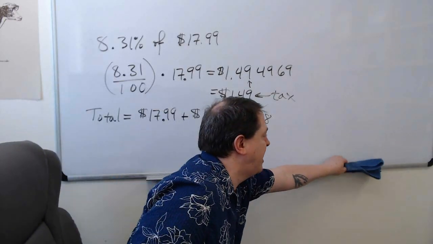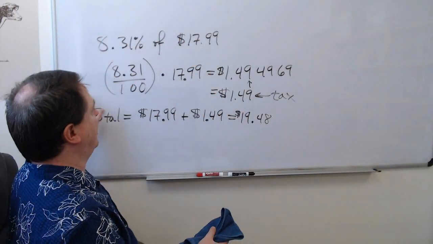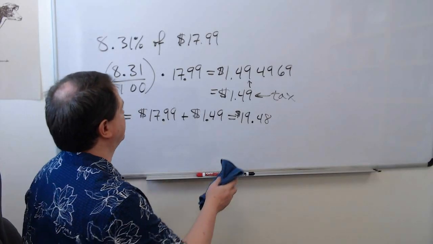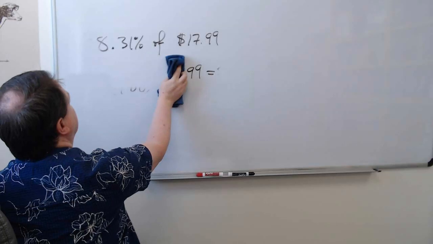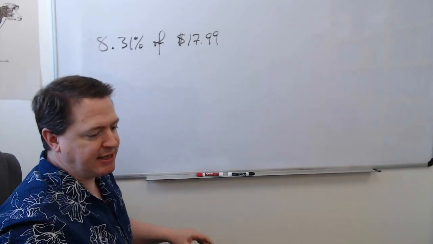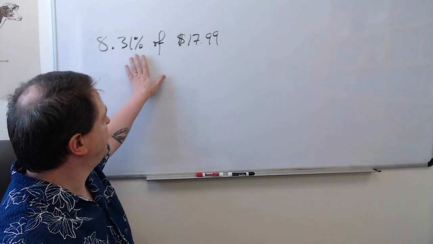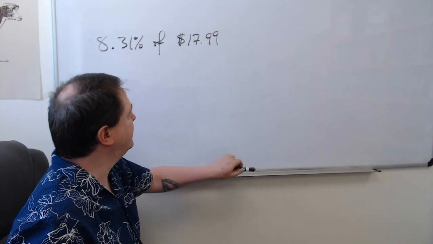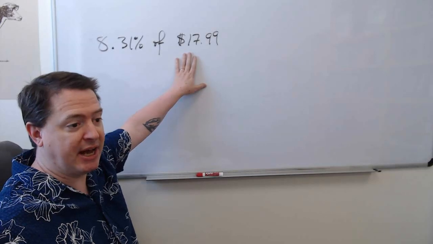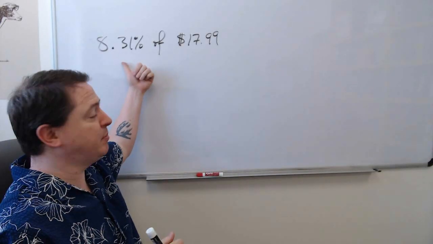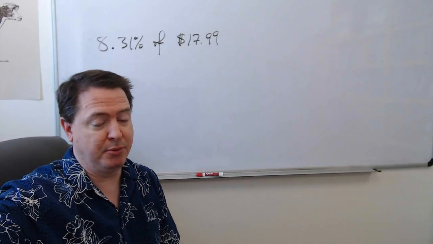So let me just do it that way real quick so you can see how much shorter this whole thing gets. Okay, so instead of finding 8.31% of the $17.99 for the shirt, what I'm looking for is actually this 8.31% is getting added on to the price of the shirt, right?